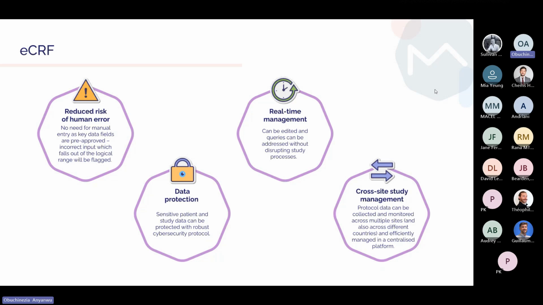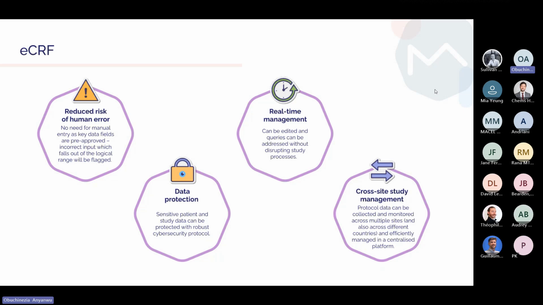For example, within a DCT platform, in some cases the ranges for data parameters can be configured beforehand, meaning that if someone put in a number which went above or below a certain threshold, they wouldn't be able to close the document. It'll be flagged. So it's an easy way to curb human error.